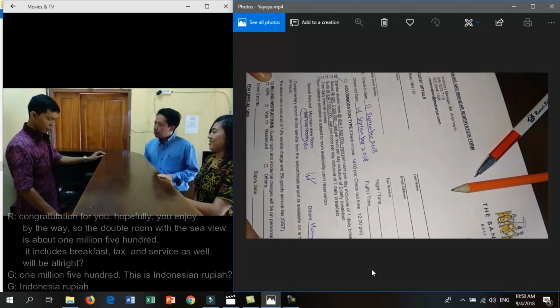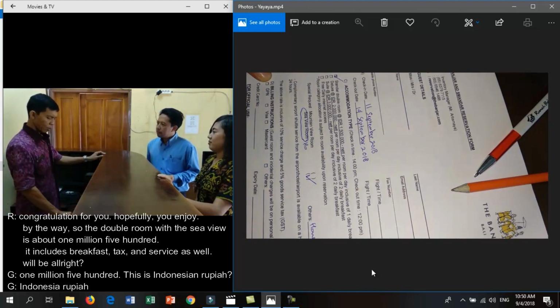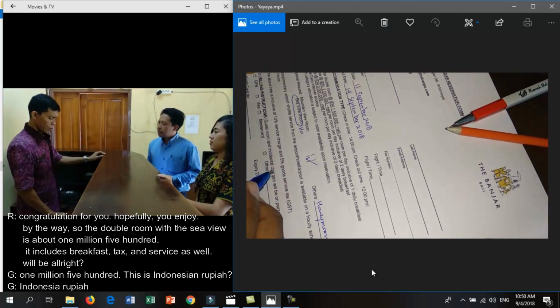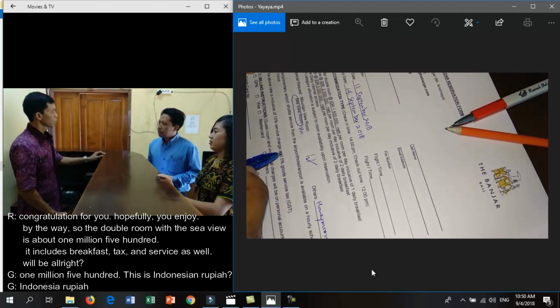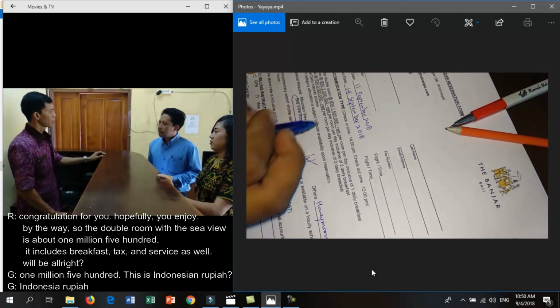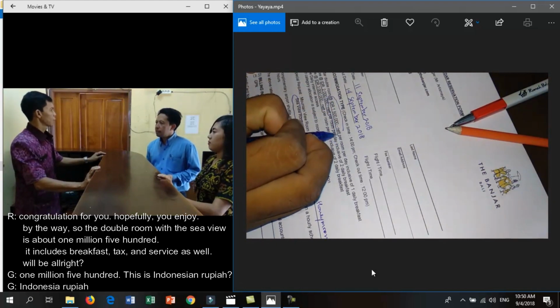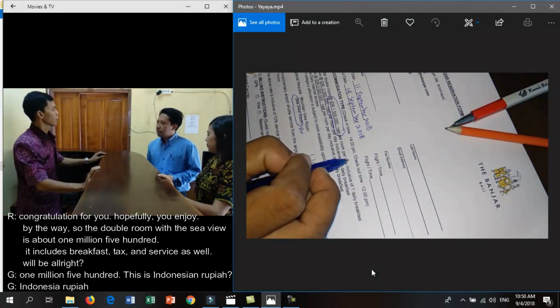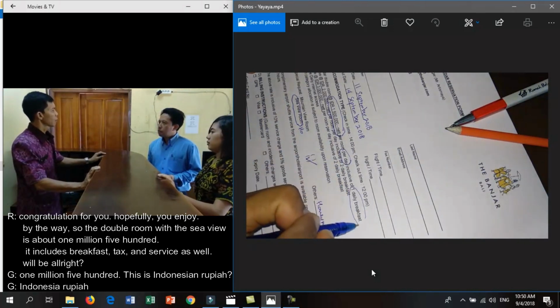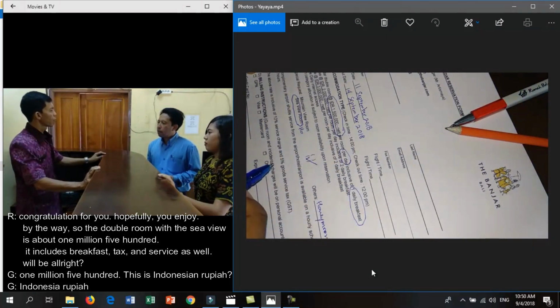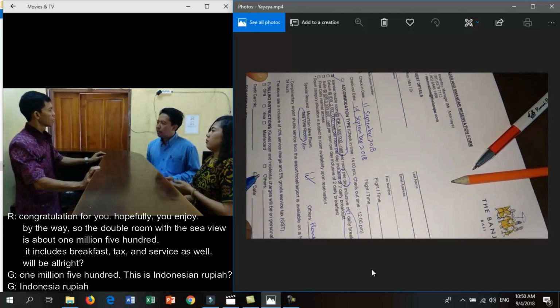So, by the way, the double room with sea view is about 1,500,000 rupiah. It includes breakfast and taxi service as well. Is that all right? 1,500,000 per night. That's Indonesian rupiah, right? Indonesian rupiah.